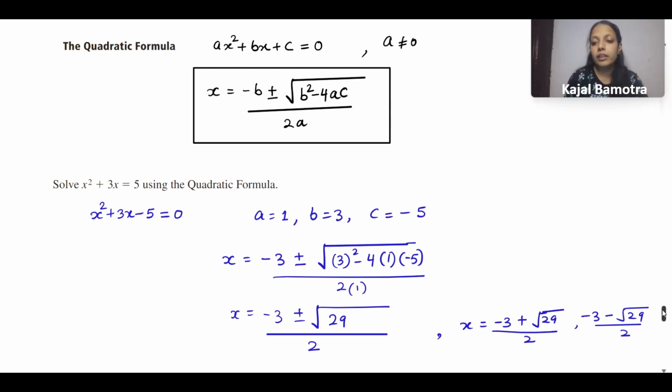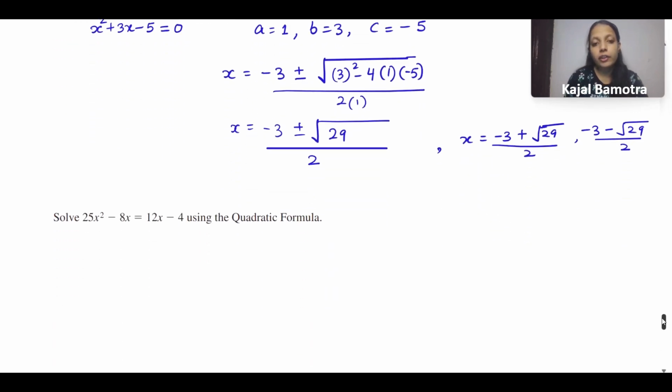Okay, let's do the next one. Using the quadratic formula, we have to solve this. The same thing I told you: shift everything to one side. Minus 8x minus 12x plus 4 equals 0. 25x square minus 20x plus 4 equals 0.